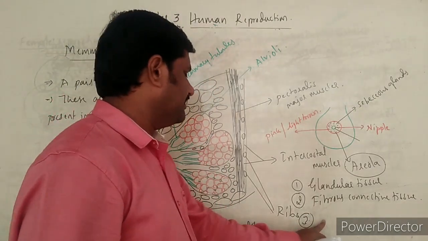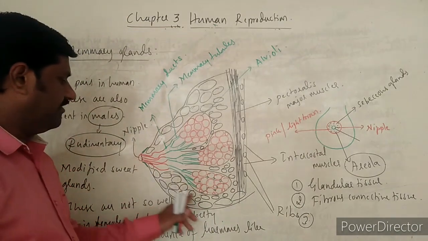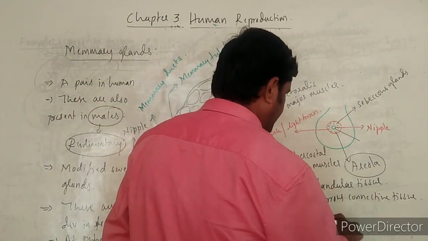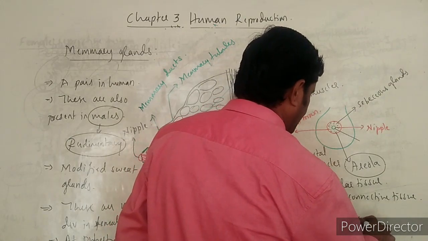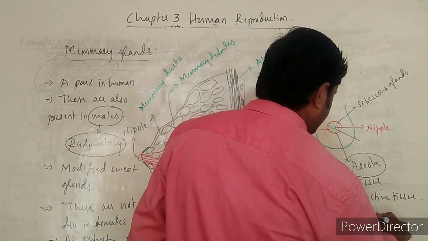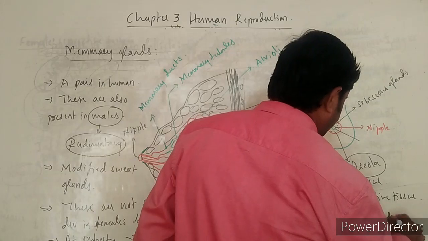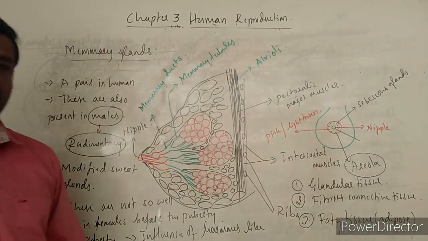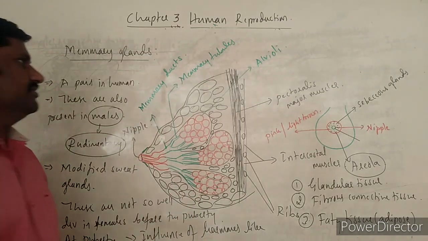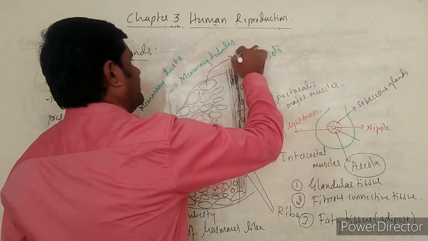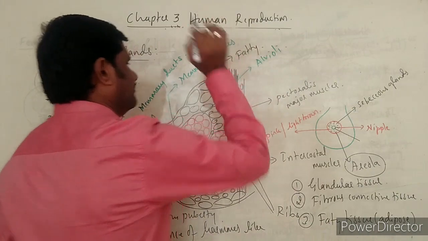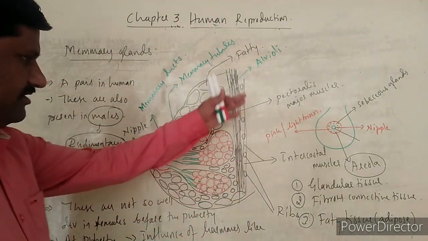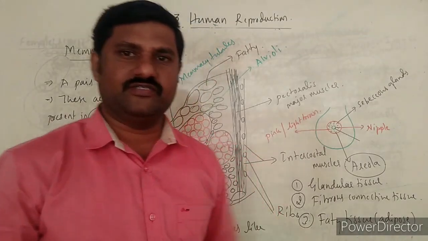The third one itself is a fatty layer, or fatty tissue, which is called adipose tissue. Adipose tissue is present over here in the mammary glands. This is a fatty tissue that you come across here. So these are the three major parts that we come across.